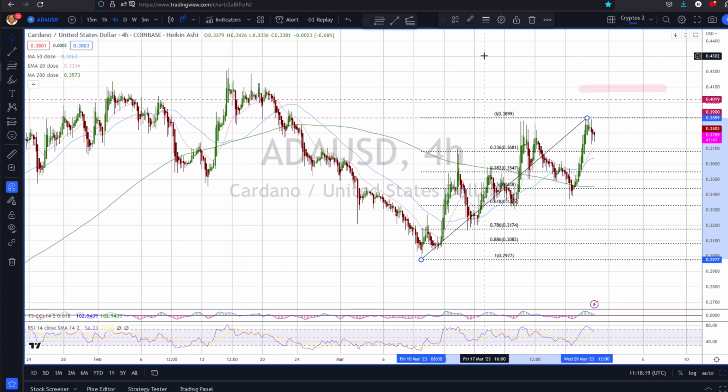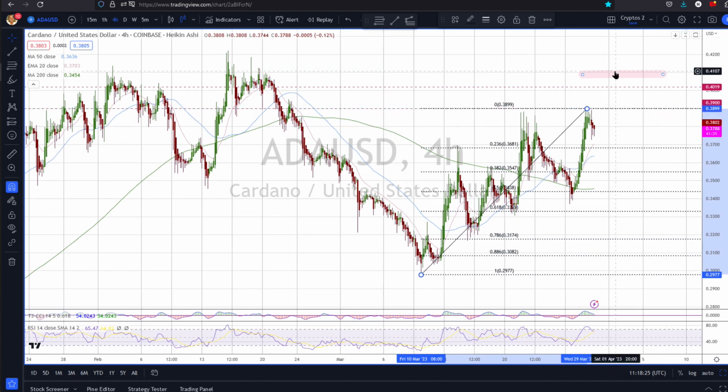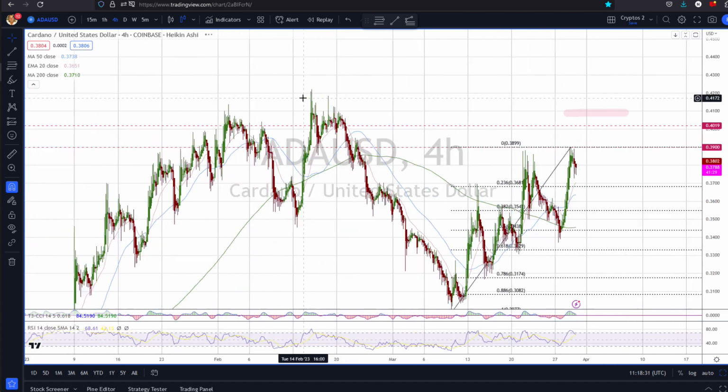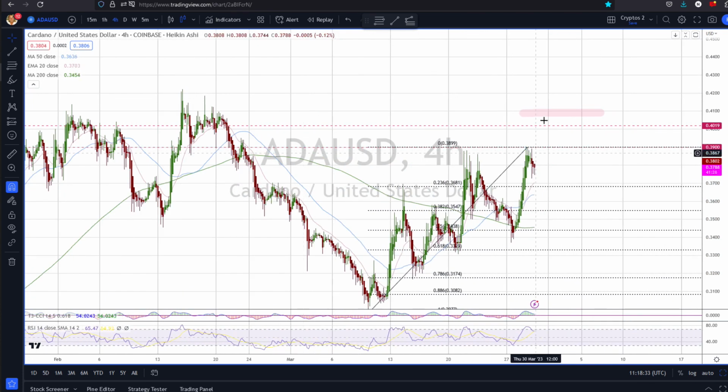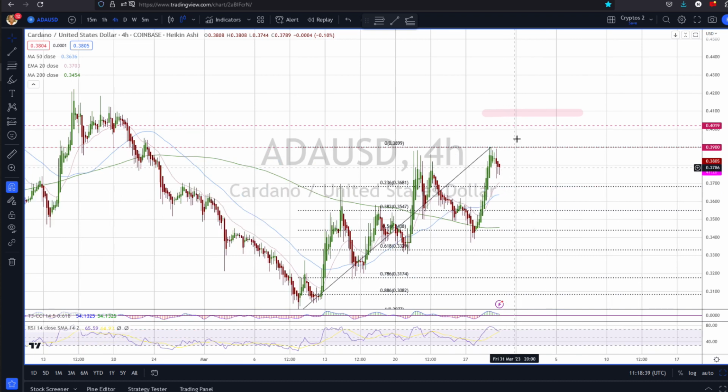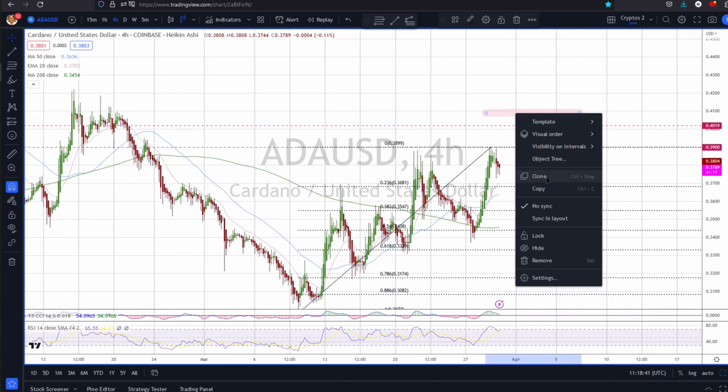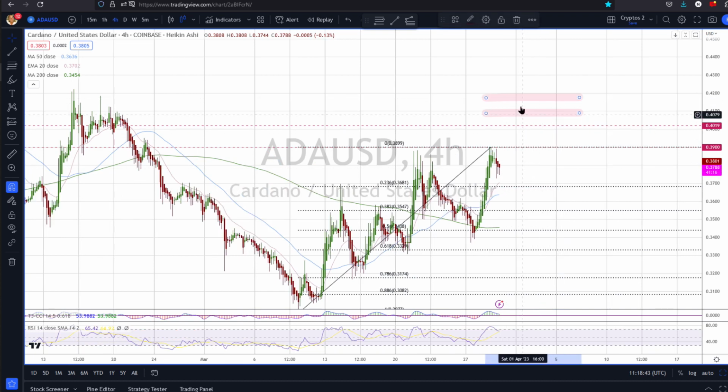If we get month-end rallies, or if we get a breakout in Bitcoin, we could very easily see that. I could see ADA doing this move up to here, with Bitcoin doing that move to 30,000 before we get a bigger pullback. So this potentially is a pretty nasty resistance zone, and we could go lower from here, but I don't know unless we get underneath that 0.3681.